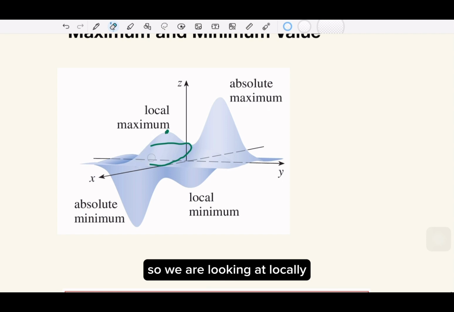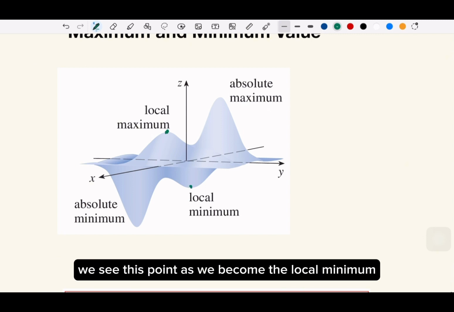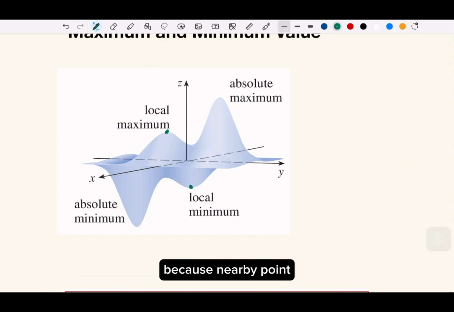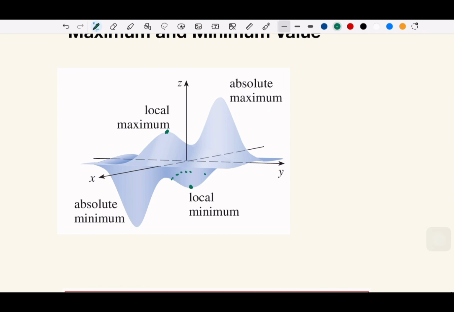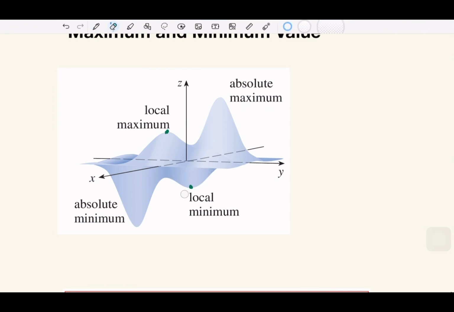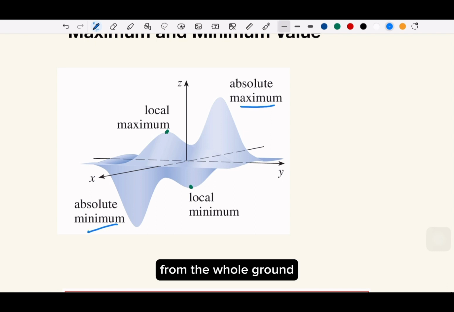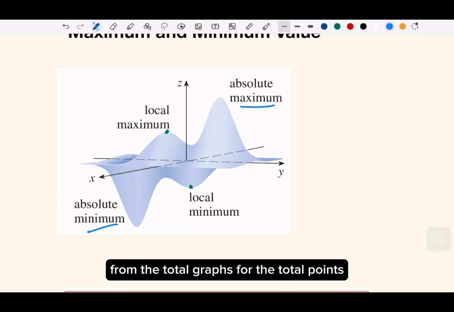So we are looking at locally. Similarly with the local minimum, we see this point is the local minimum because nearby that point, others are higher than this point, whereas the absolute maximum and absolute minimum are from the whole graph, from the total points. The absolute maximum is the highest one. The absolute minimum is the lowest one. Okay.